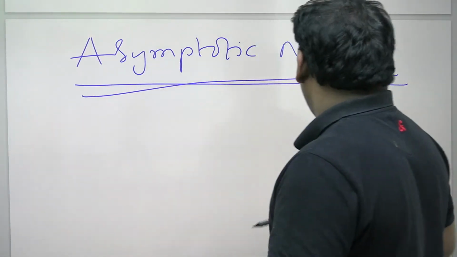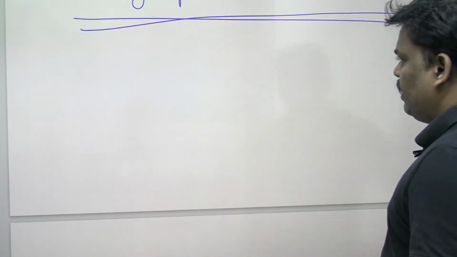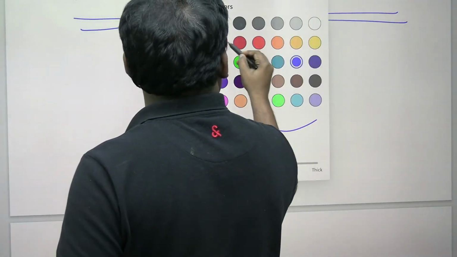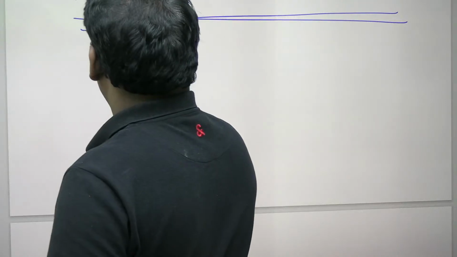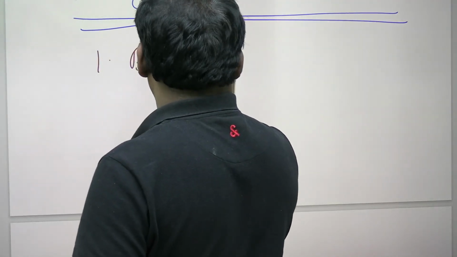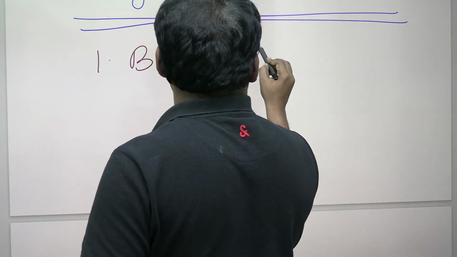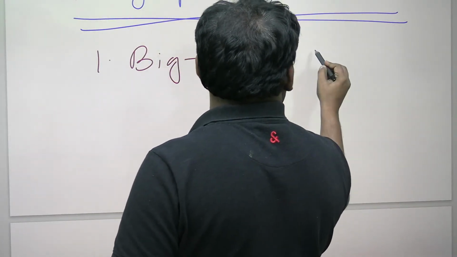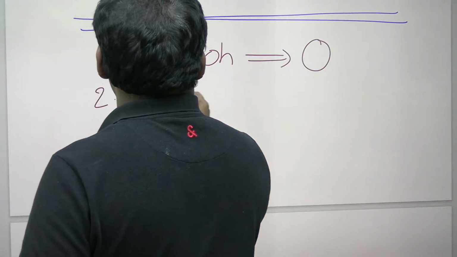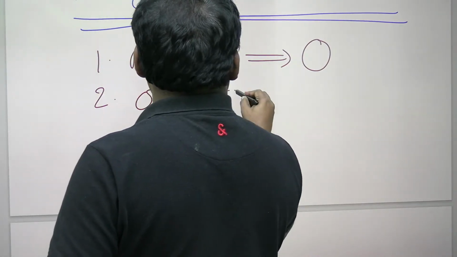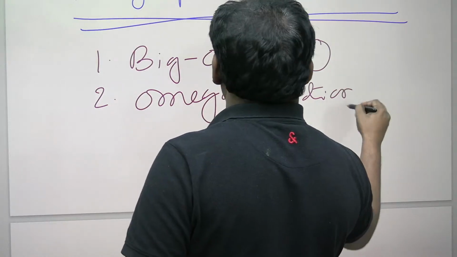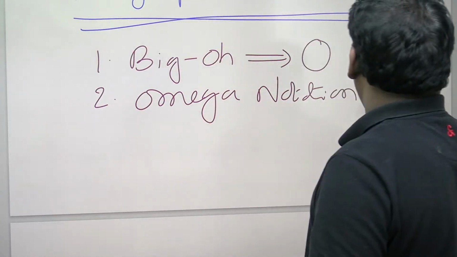So asymptotic notation internally contains, first one, big O. The symbol is big O. Second one is omega notation.